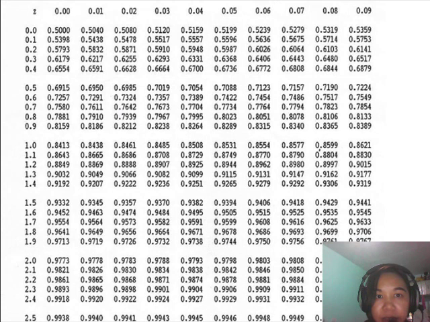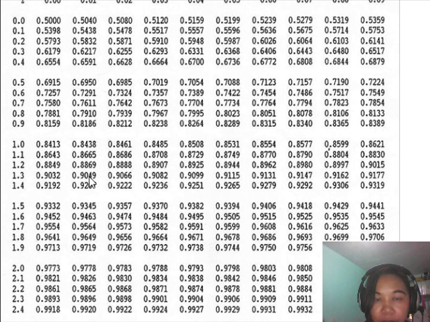So since the area is given, we will focus on the values inside of our Z table.